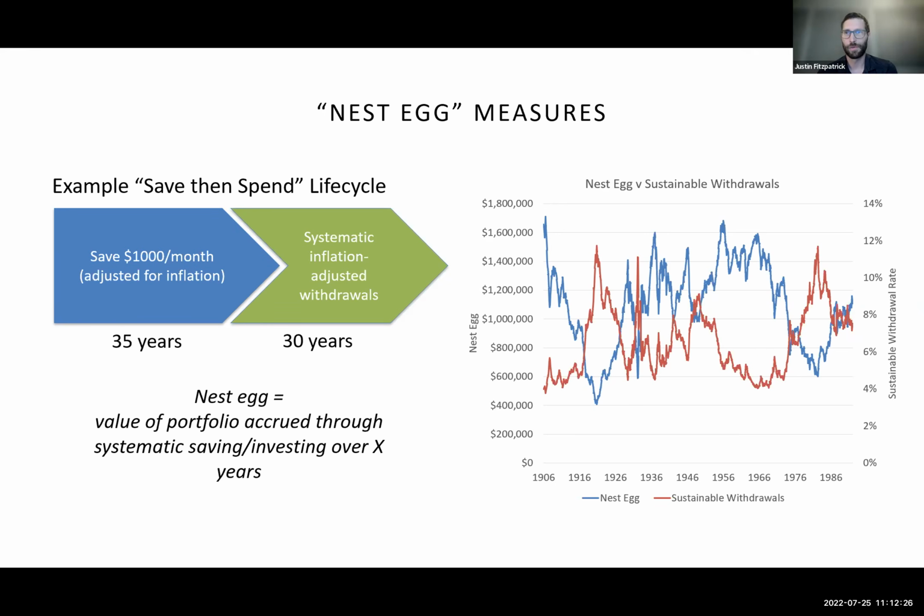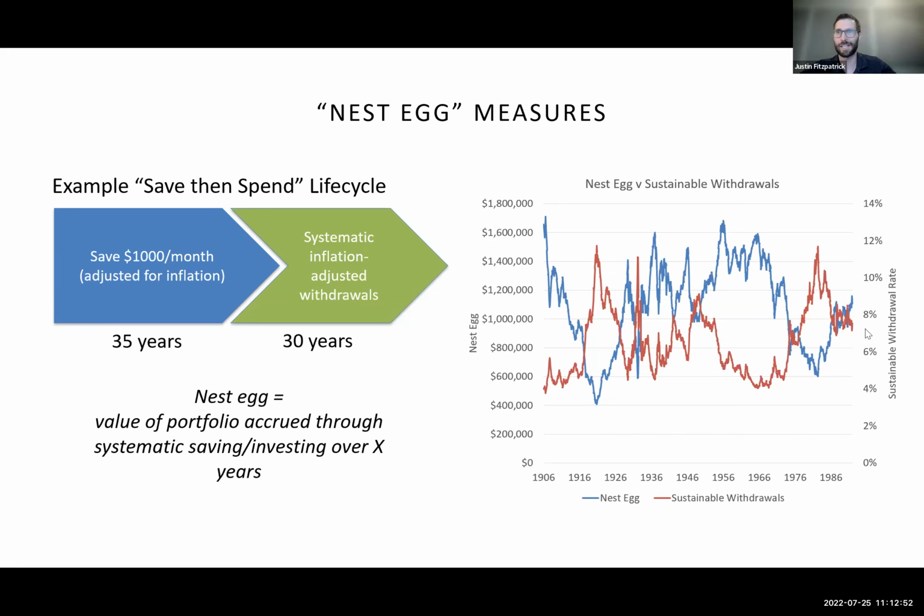That measure would have been very different at different times in history. So on the right here, you'll see the blue line shows how much someone would have had if they had engaged in that kind of systematic savings behavior. Huge differences in the portfolio someone would have had at different times in retirement. And you can also see this compared to the sustainable withdrawal rate.